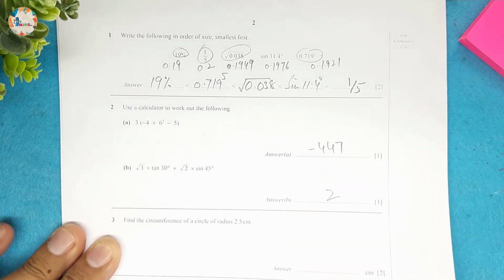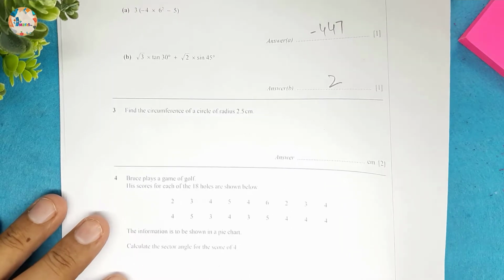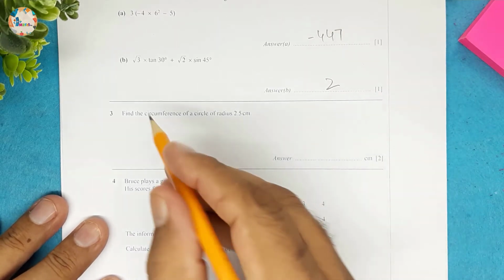Now next, question number 3, find the circumference of the circle of radius 2.5.